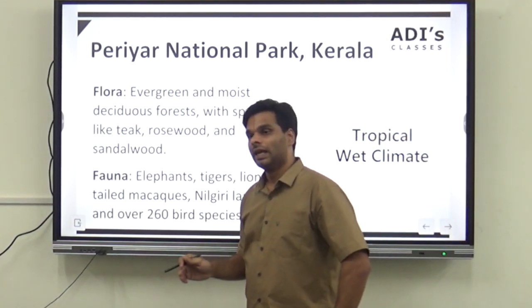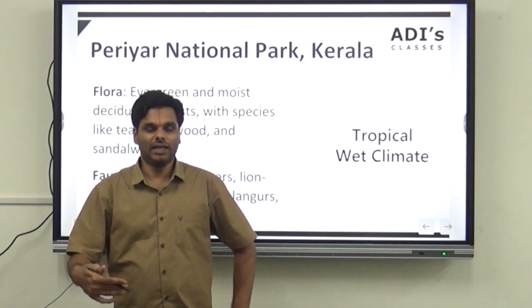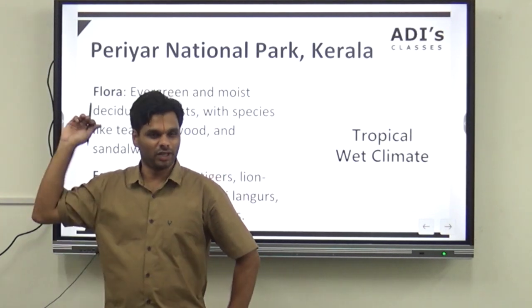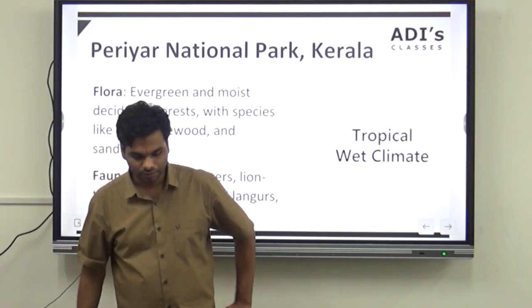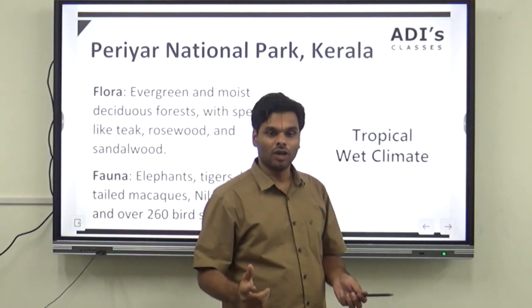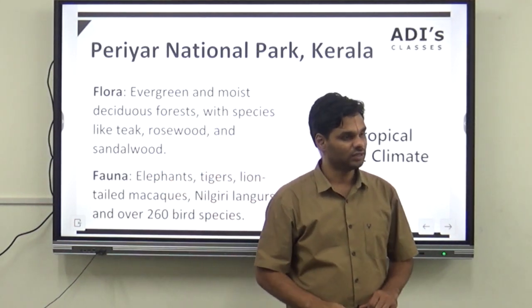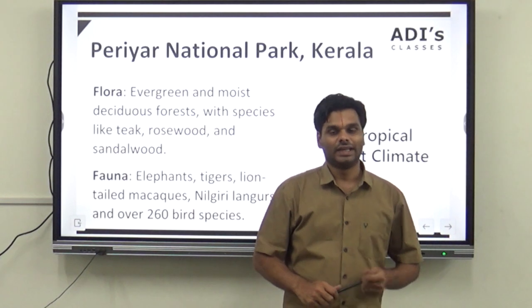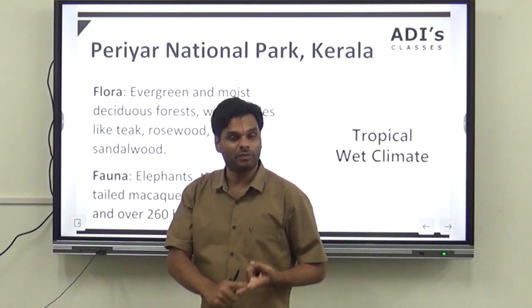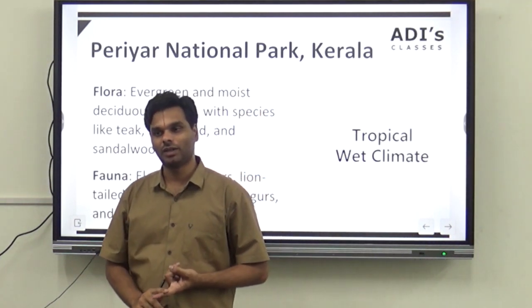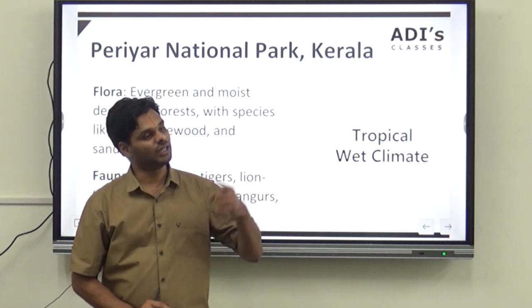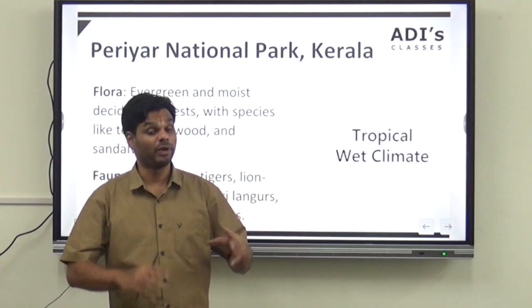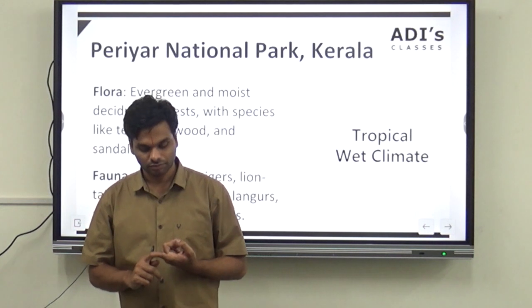of 1972. So let's just recap a little and then we will go forward, because we'll be talking only about national parks now. In national parks, what kind of activity is allowed? Is collecting minor forest produce allowed in a national park? No, but it is allowed in a wildlife sanctuary.